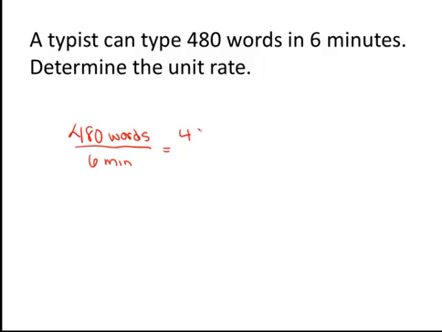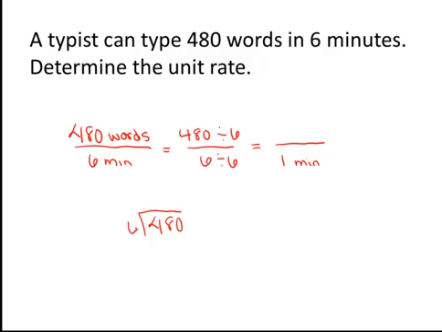Next, we divide both 480 and also the 6 by 6, because 6 divided by 6 is 1, and this will tell us how many words can be typed in 1 minute. We'll come down below to do the division.